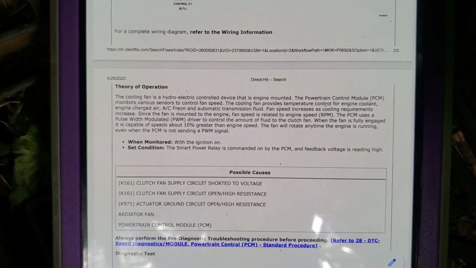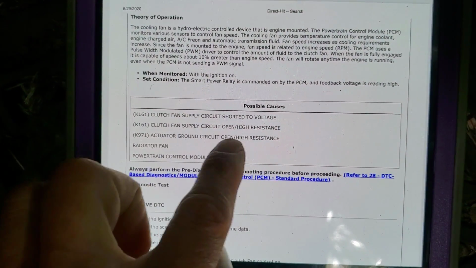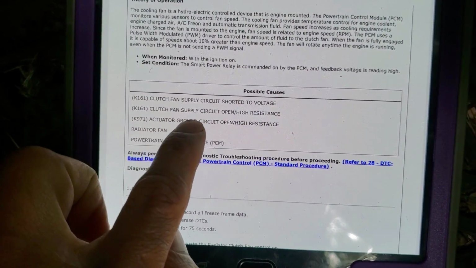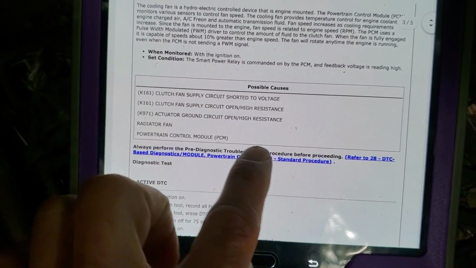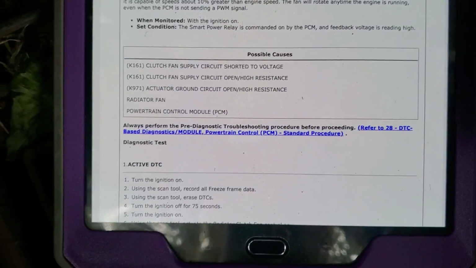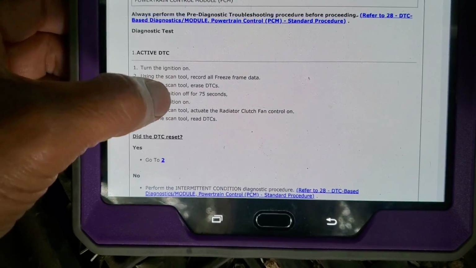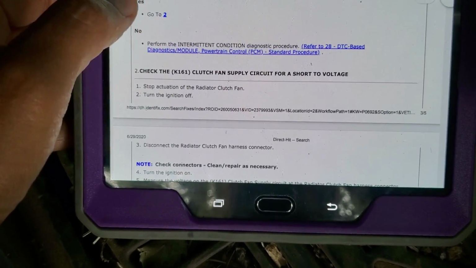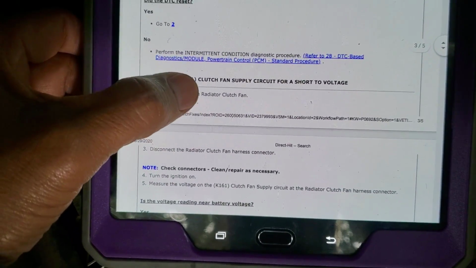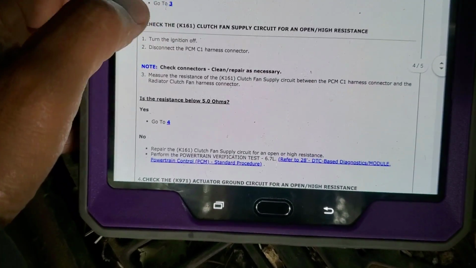But possible causes: cooling fan supply circuit shorted to voltage, circuit open or high resistance, ground resistance, cooling fan, powertrain control module. Those are the possibilities. So for an active DTC, they want us to erase the code, blah blah blah. Check the cooling fan supply circuit for a short to voltage. Okay, we're gonna go and do those tests.